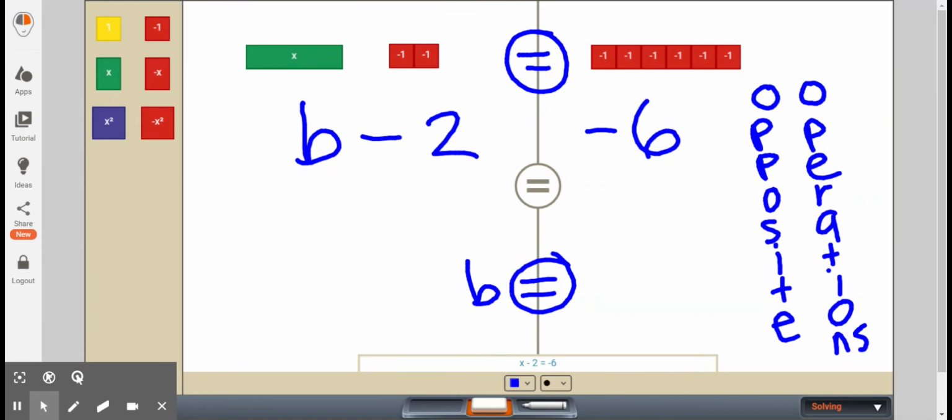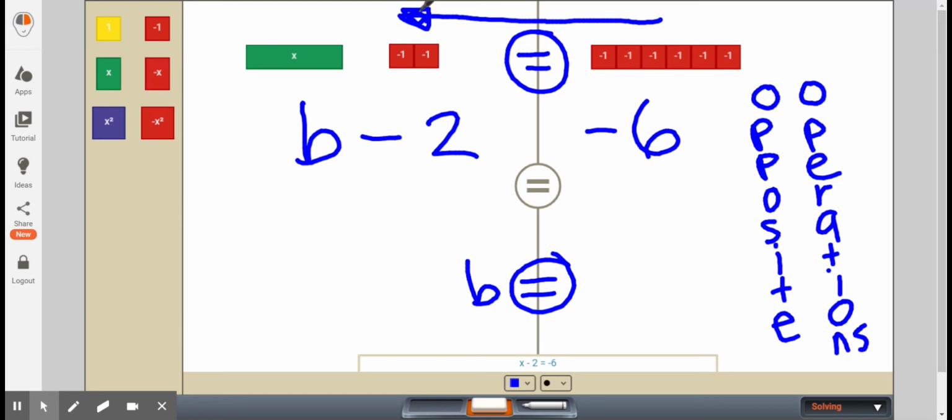Okay, and so now taking a look at our equation, balancing it out. On the left side, we have -2, and on the right side, we have -6. So we need to think about how we go backwards with -6. How do we go from -6 to get us back to -2?